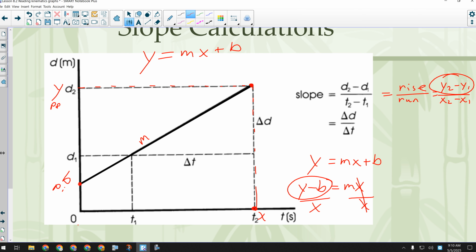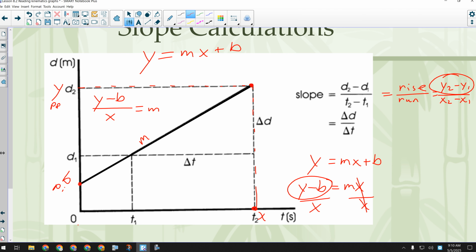We already kind of talked about this, but the slope of this line is actually the what of the object? The velocity. This is the velocity of the object. Here's how we figure that out though. If I look at this formula, y minus b over x equals m, on this graph, I just have to look at what these actual numbers are.